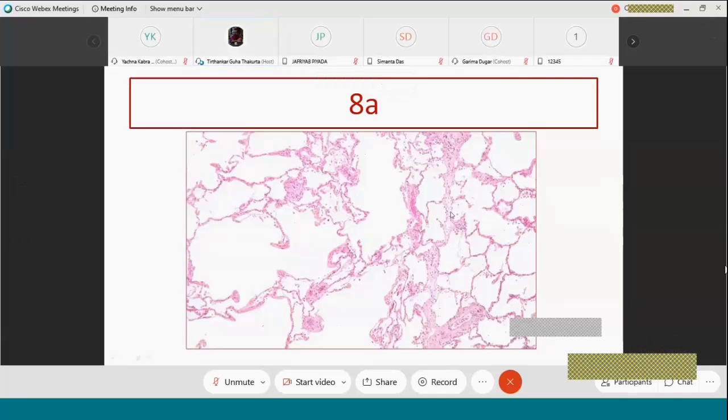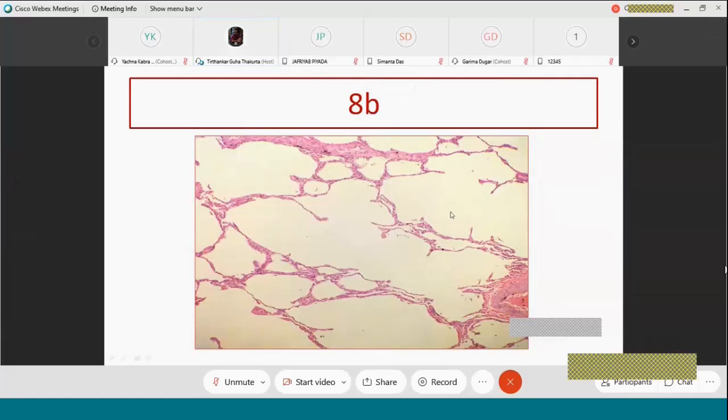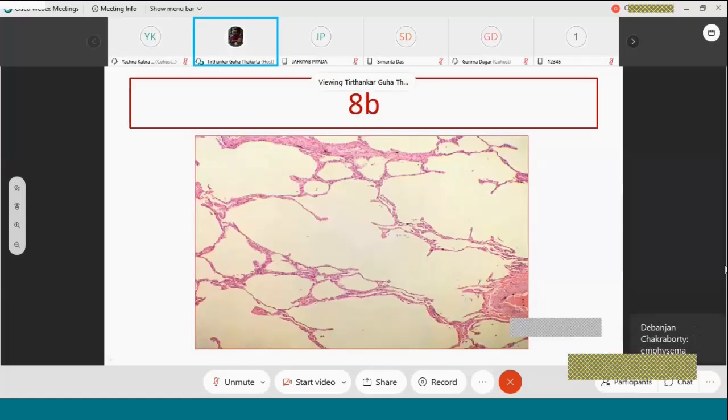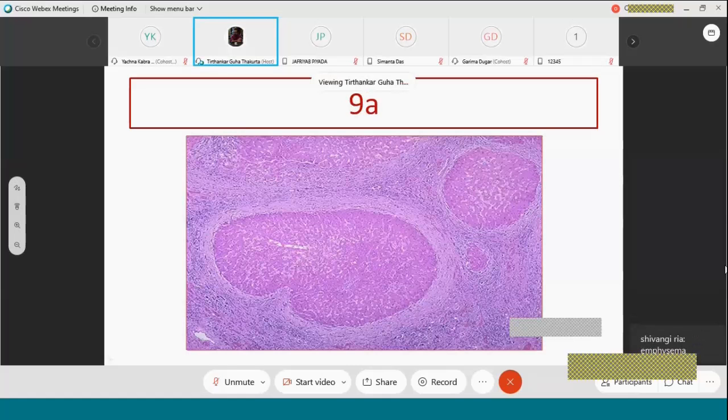So what is the diagnosis for this? Very good. This is emphysema of lung. First, identify the tissue here. What is the tissue that you are seeing?